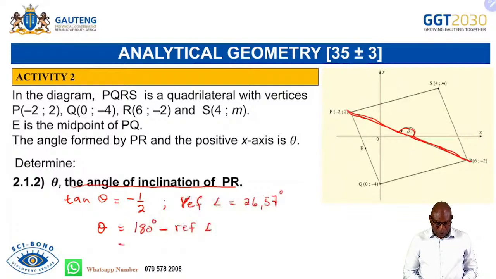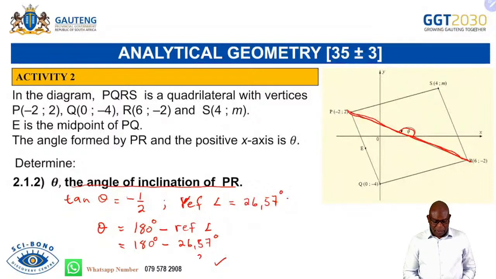So, 180 degrees minus 26.57 degrees. Then the value of theta will now be 153.4 degrees. That is the correct answer. The 26.57 is not the correct answer, it's a reference angle. So we must always guard against that.